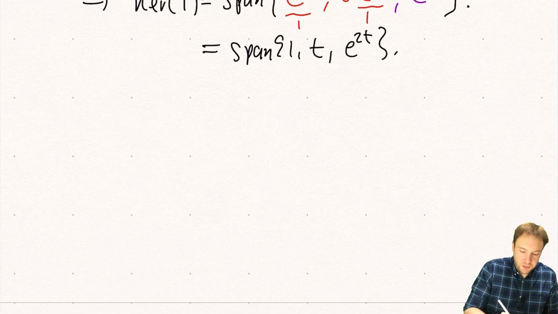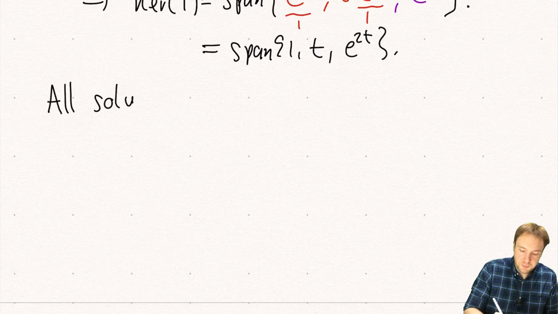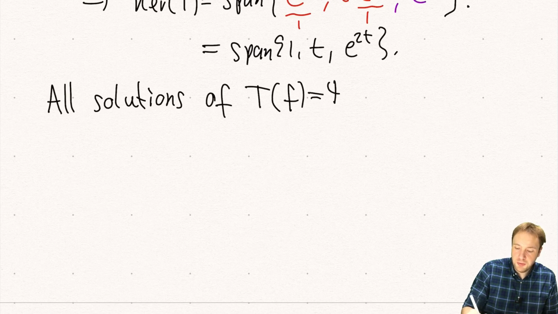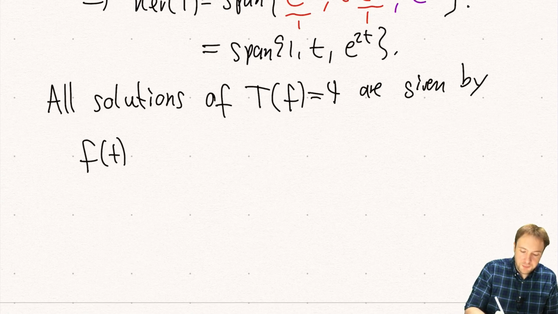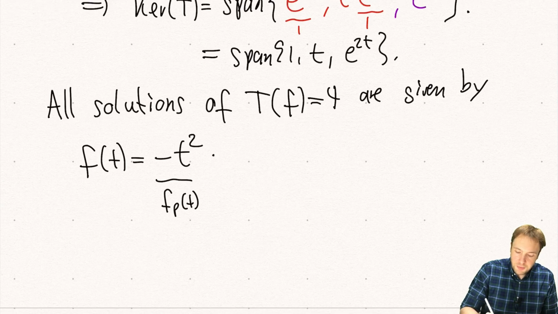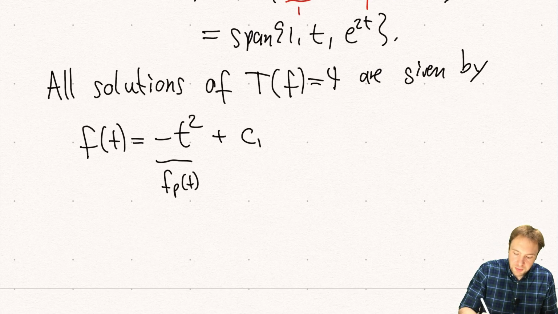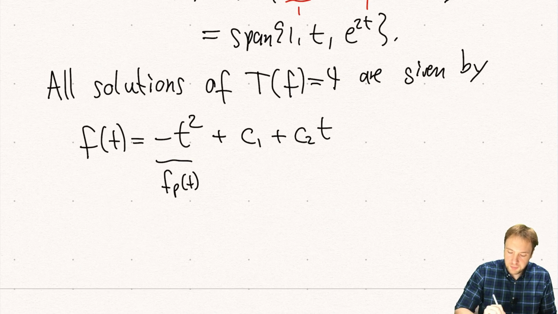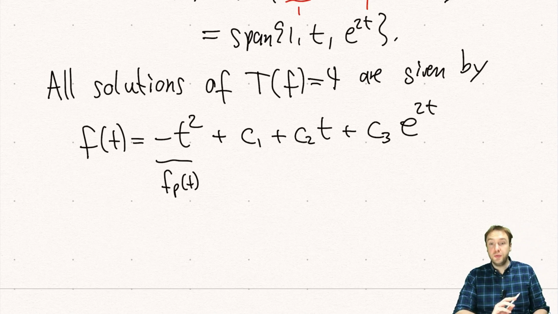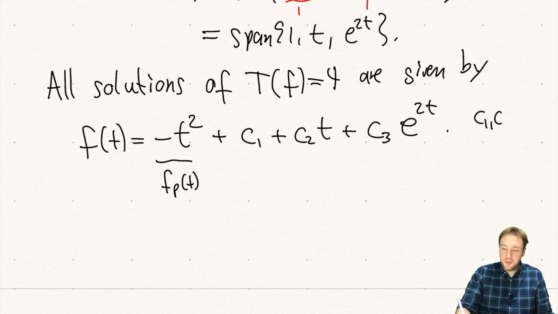So therefore, all solutions of this differential equation Tf equals 4 are given by f of t equals our particular solution f_p plus all elements in the kernel, meaning c1 times 1 plus c2 times t plus c3 times e to the 2t, where c1, c2, c3 are real numbers.